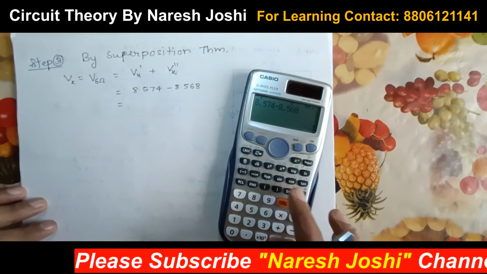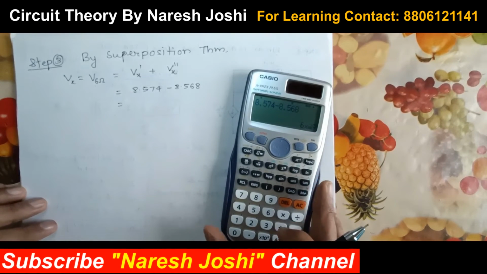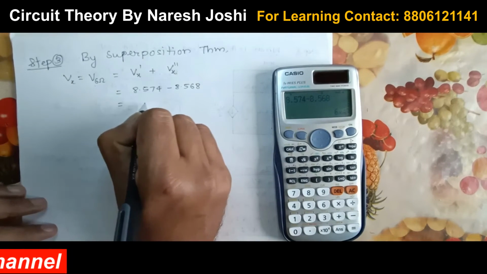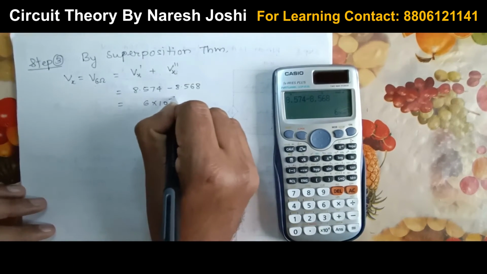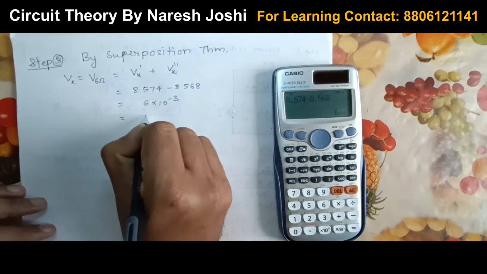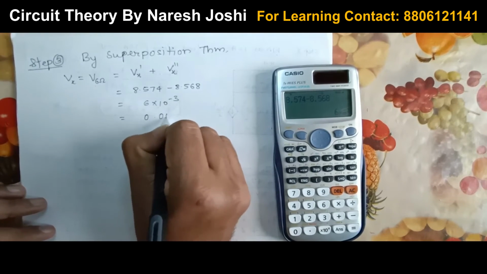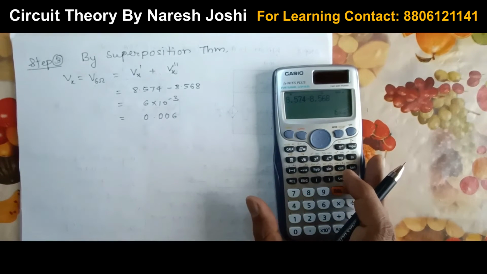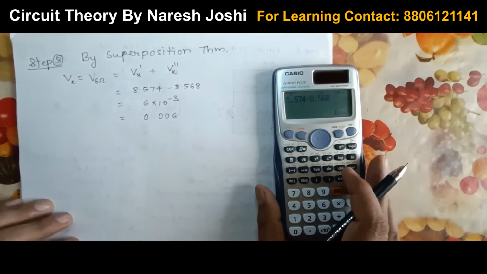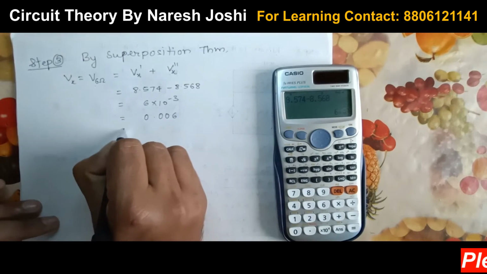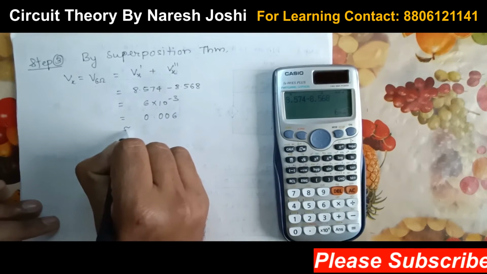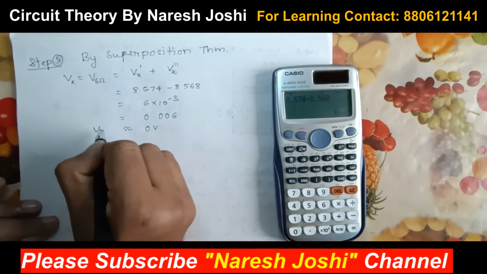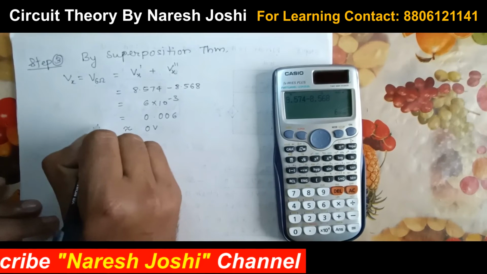This is 6 into 10 raised to minus 3, that is 0.006. It is almost, if we consider it, 0 volt. So 0 voltage is across Vx.